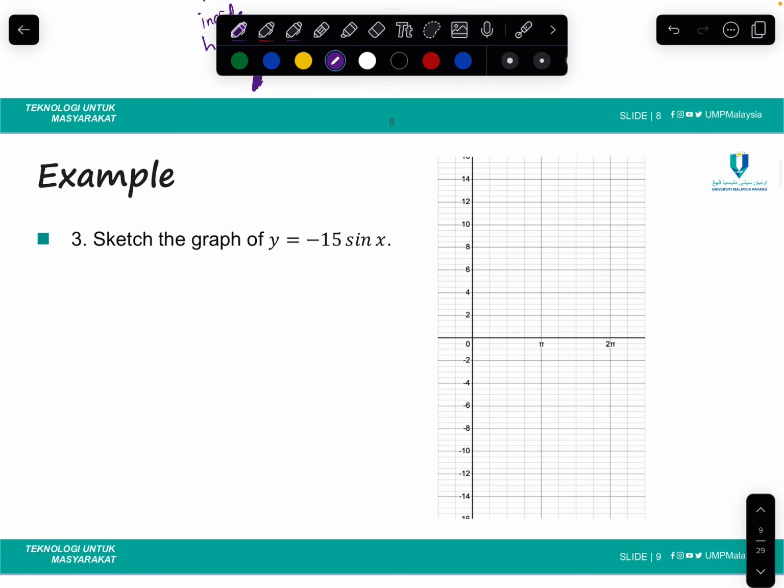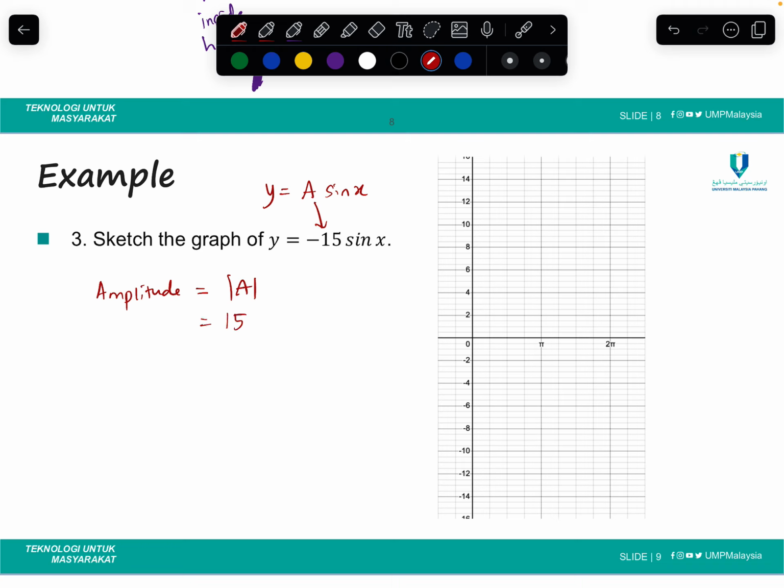Okay, now look at the question. Sketch the graph of y equal to negative 15 sine x. So here the format is a sine x, where a is negative 15, so we take the amplitude equal to modulus of a, which is 15.